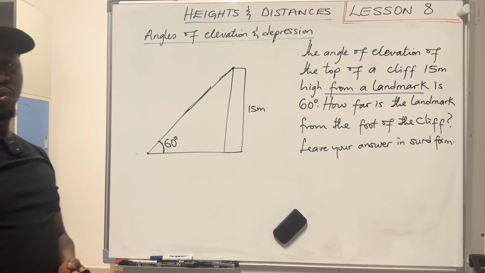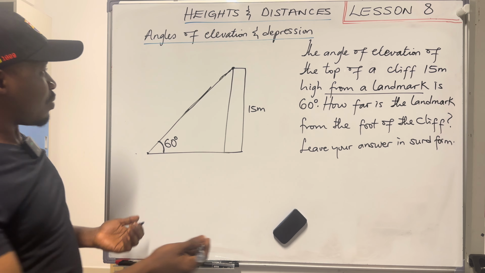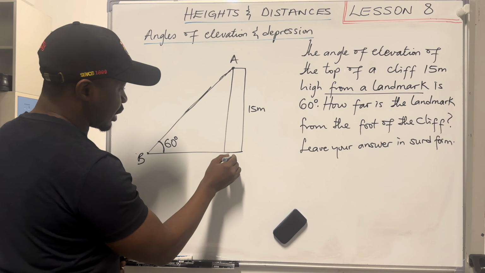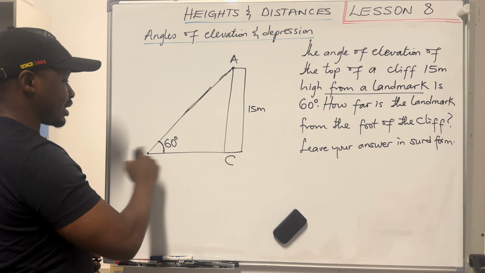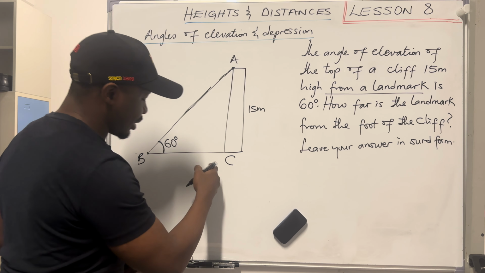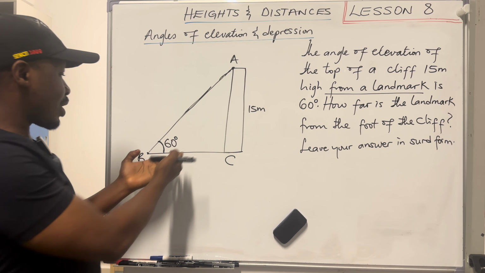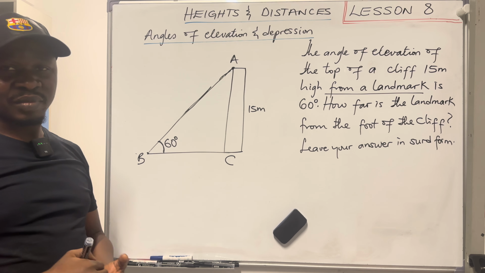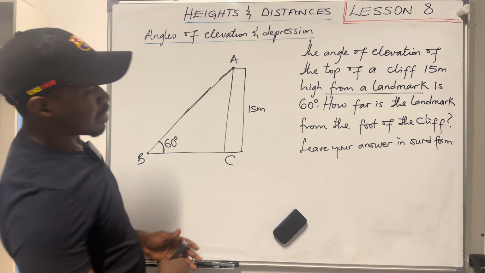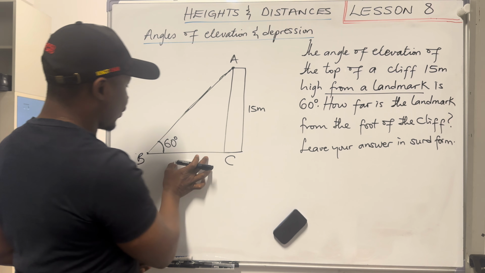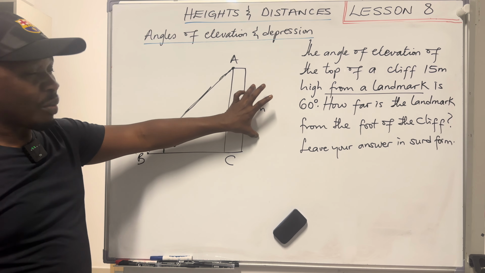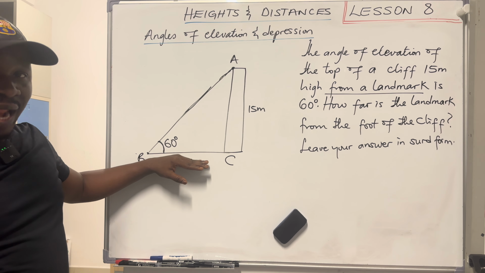You can choose to give it any letter. If you say A, B, C, that means you want to find BC. But sometimes you can just say, let me indicate M or X. It doesn't matter. This is what we want to find. We are given the angle, we know the opposite, and we want to find the adjacent.